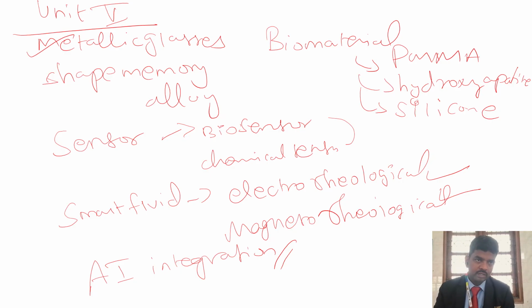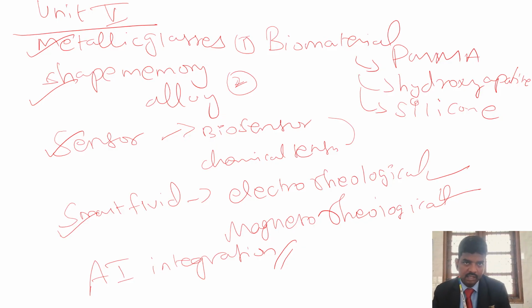These two questions were previously asked, the sensor question has been previously asked, and smart fluid also previously asked. But the chances can be more for the one asked on many occasions, and this one has been asked less than that.